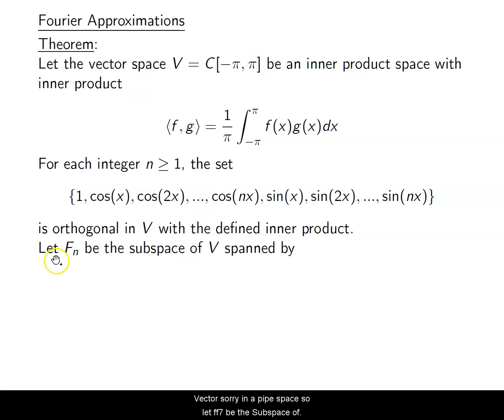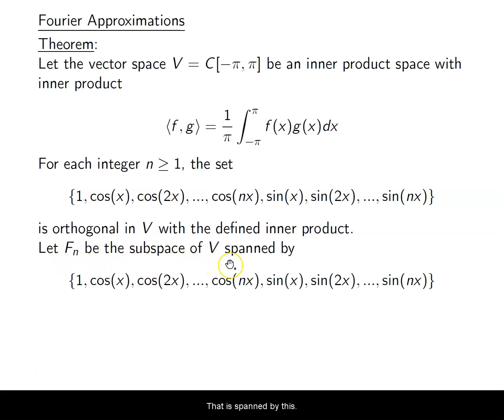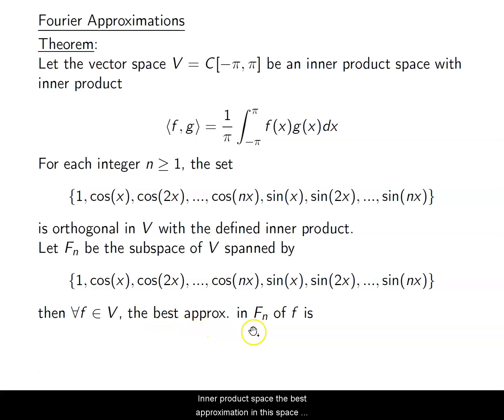Okay, so let F sub n be the subspace of V that is spanned by this set. Then for every f, every function that is in this inner product space, the best approximation in this space that is spanned by this orthogonal set is F_n of x equals the projection of that function onto this orthogonal basis.